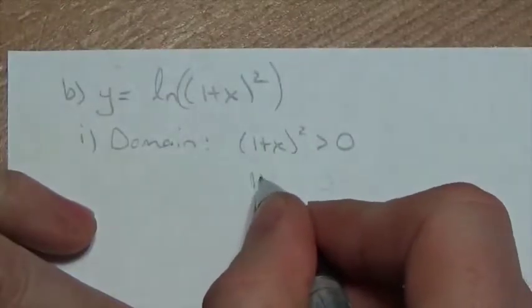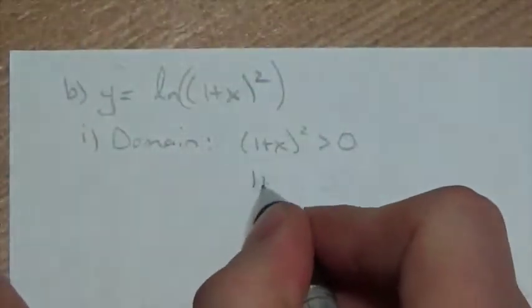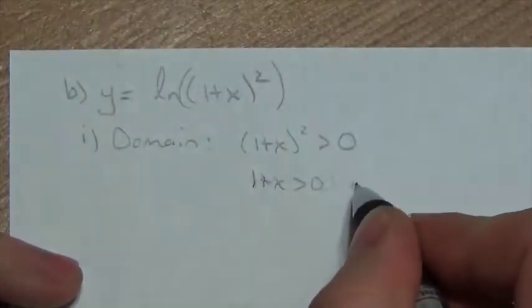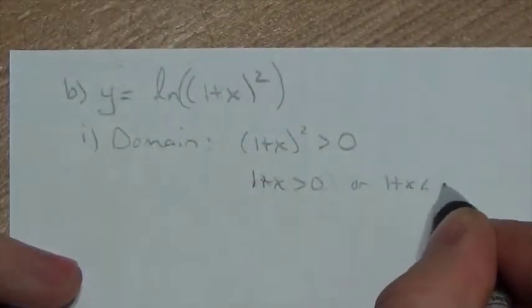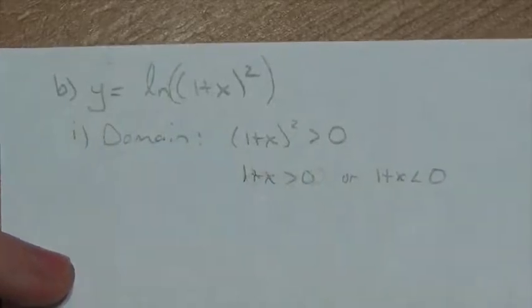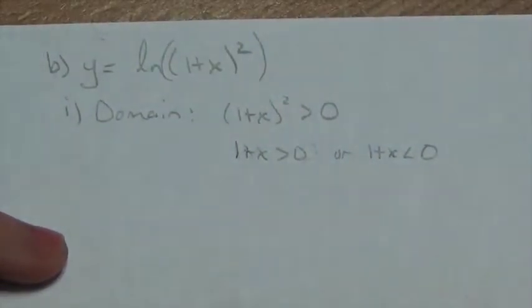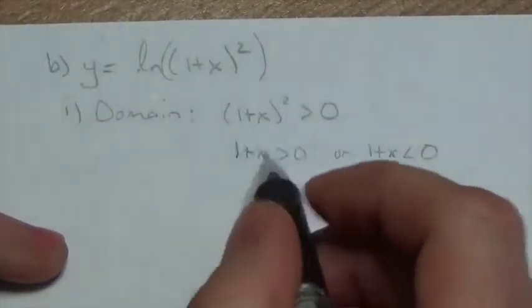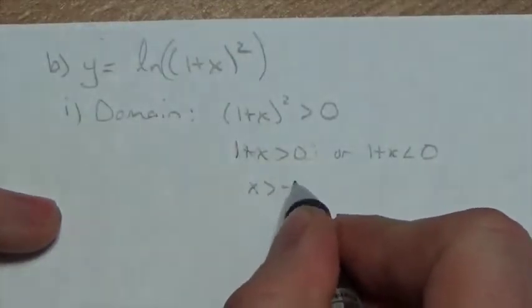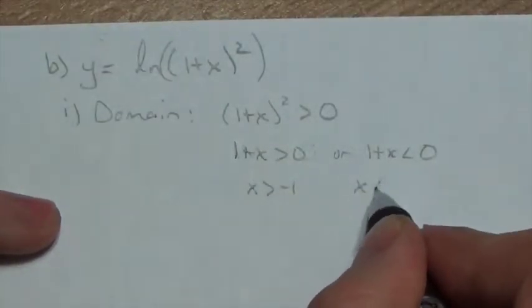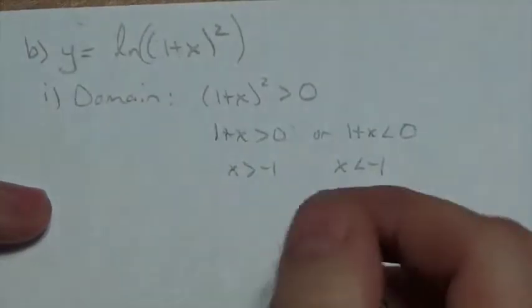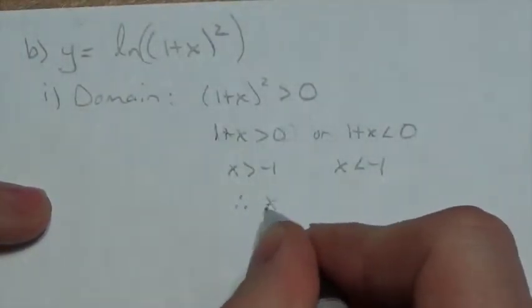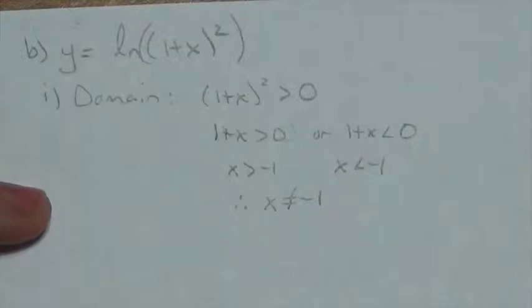If I take the square root here, it's either going to be 1 plus x is greater than 0, or 1 plus x is less than 0, because of the negative that pops out of that. And so either x is greater than -1, or x is less than -1. So essentially what this boils down to is that x cannot equal -1, and that's your domain.